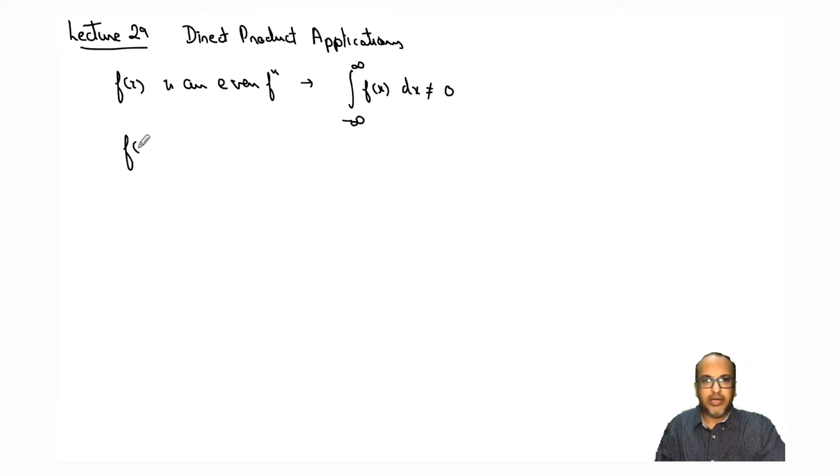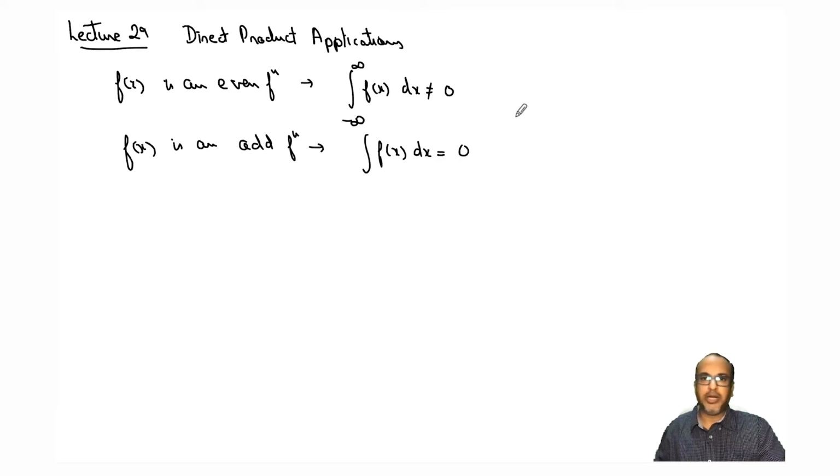Whereas if f(x) is an odd function, then the integration of f(x) dx will be equal to 0, right? We can see this example as cos x. So cos x dx over all space will not be equal to 0, whereas sin x dx over all space will be equal to 0.